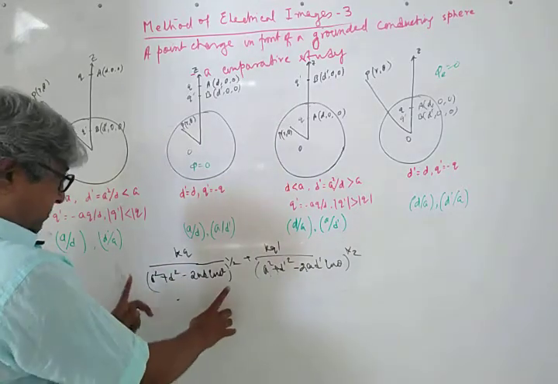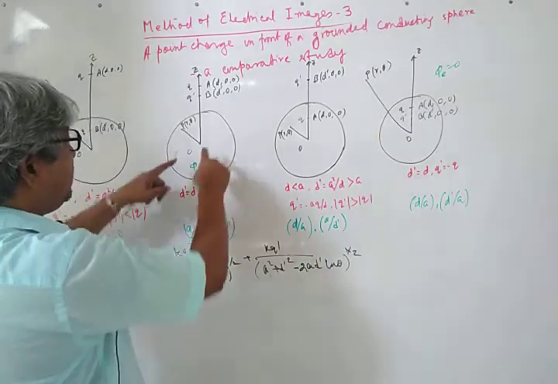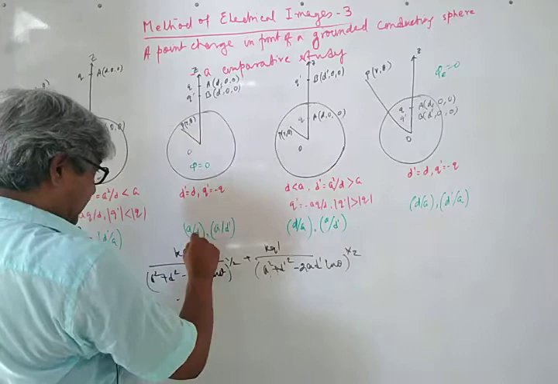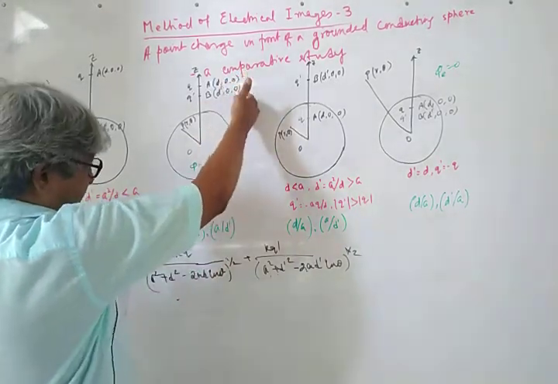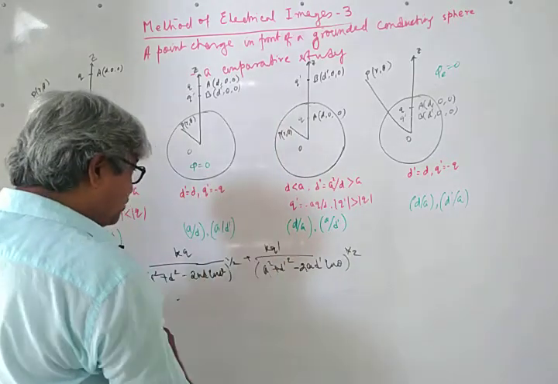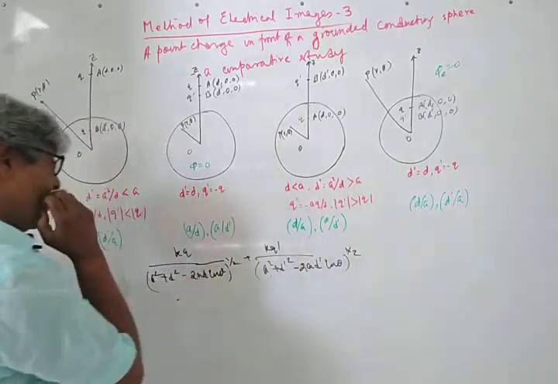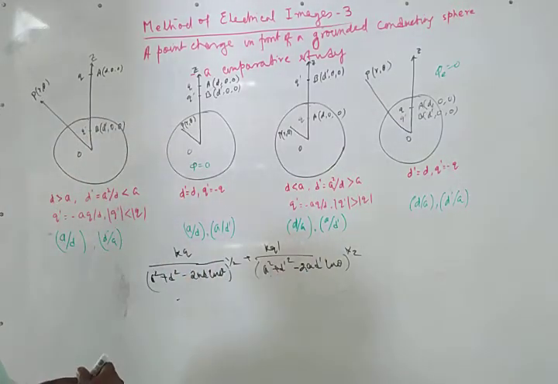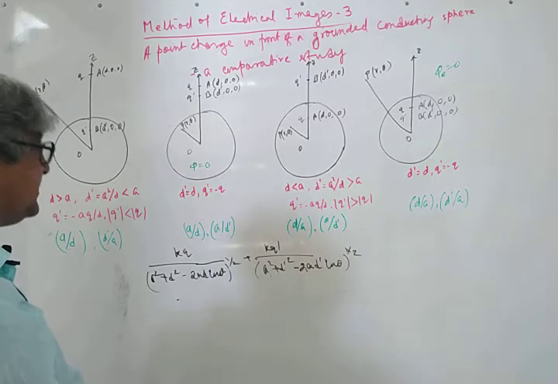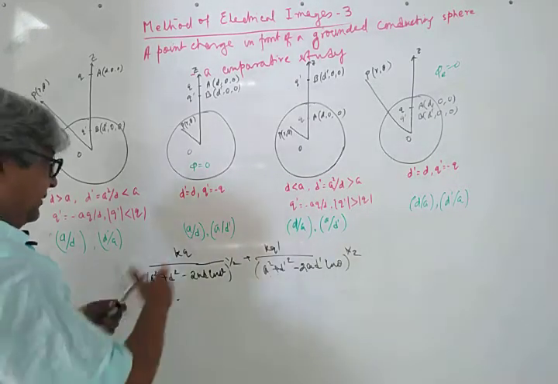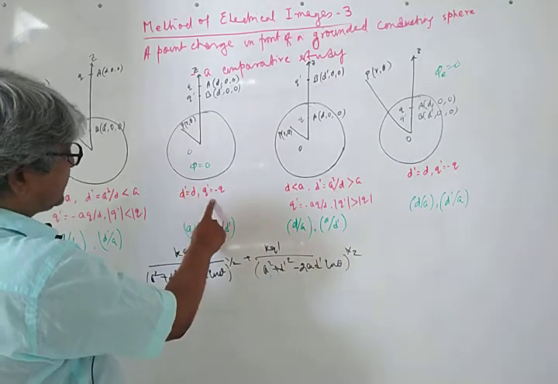Then we expand this term as a power series of a by d, because d is greater than a, and since the image charge also lies outside the sphere, this term is also expanded in power series of a by d prime, and the comparison of coefficient of P0 and P1 gives us this condition that d prime is equal to d and q prime is equal to q.